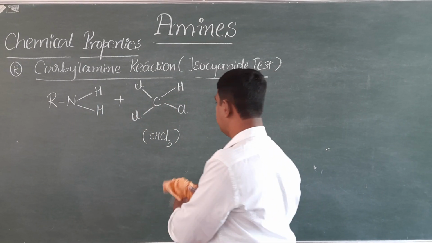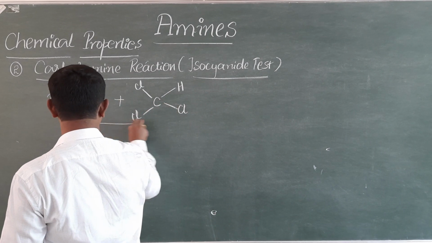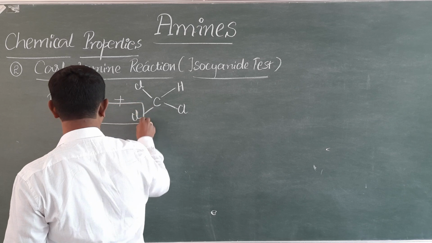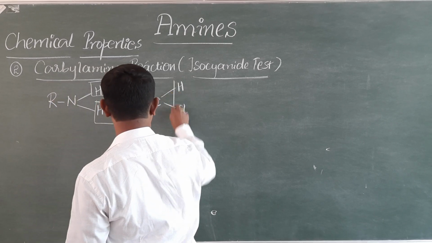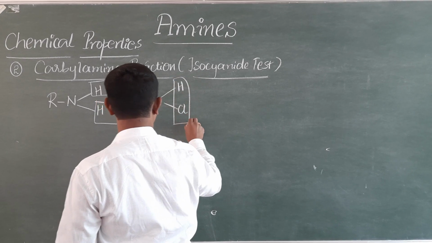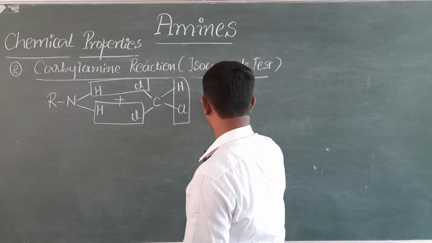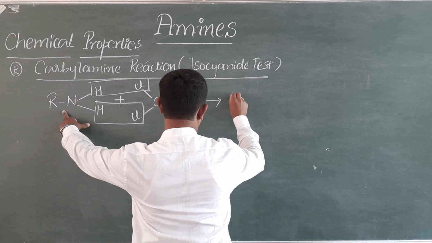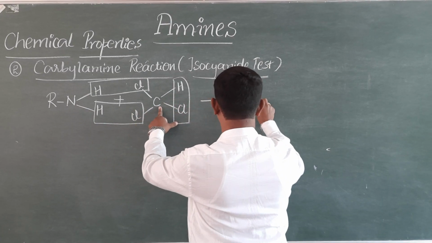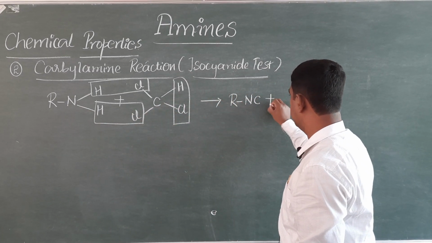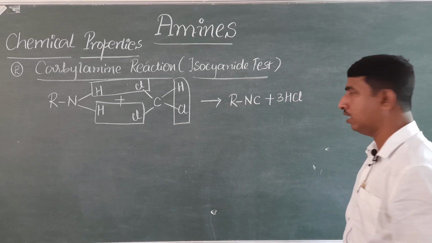Here we can remove 3 molecules of HCl. The product obtained is RNC plus 3 HCl.